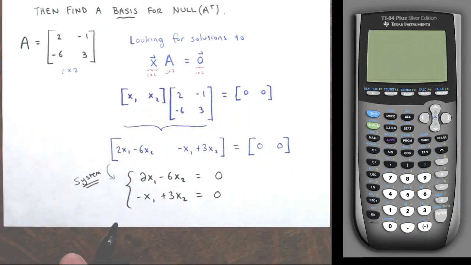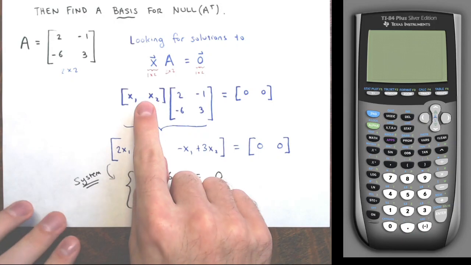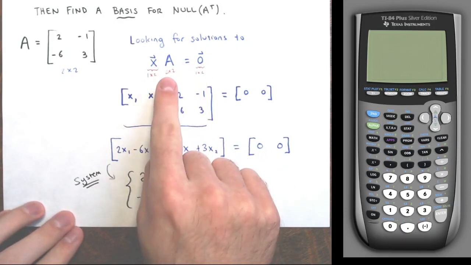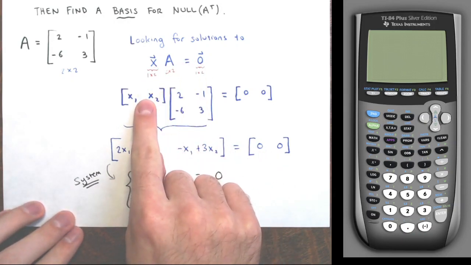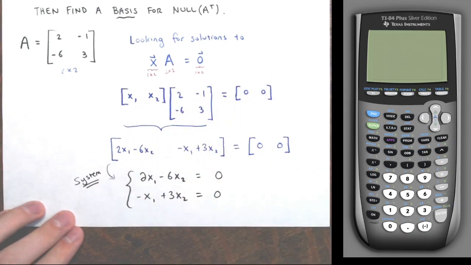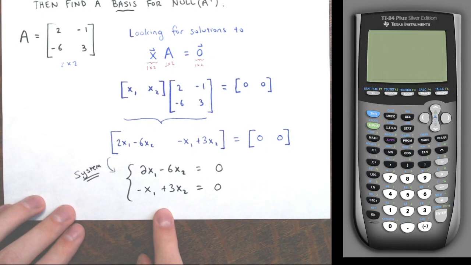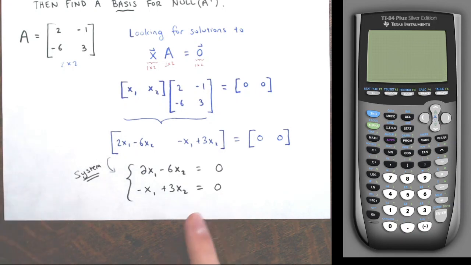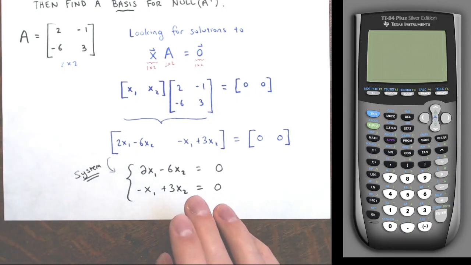So what we're going to see here is that solving this equation, where I have a variable matrix on the left, then a matrix, then equal to the 0 matrix, is equivalent to solving this system here. And we've seen how to write a system of equations as a matrix equation before. If you're not familiar with that, I'm hoping you are, I'm assuming you are, because this might not make sense otherwise.